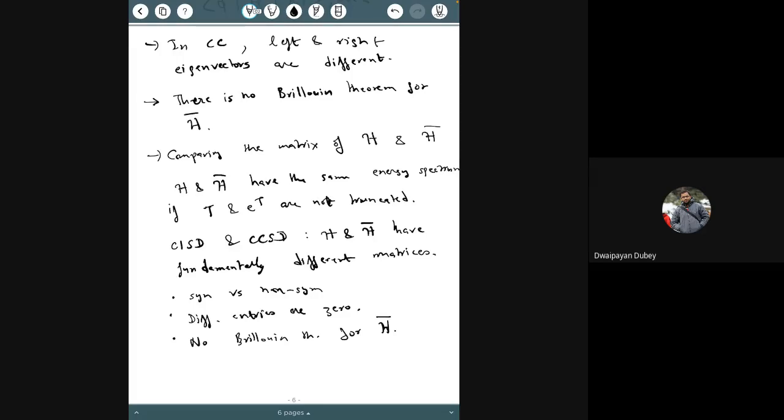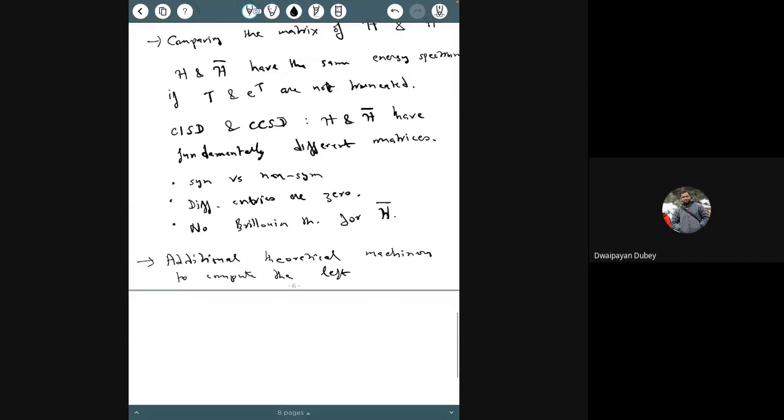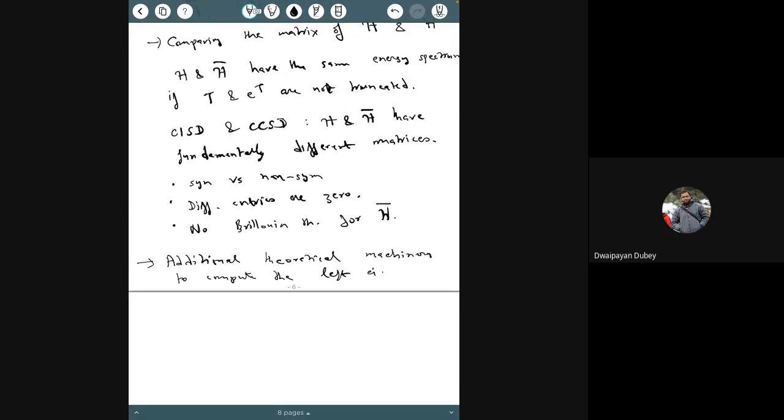Fine. And at this point, I can also mention that you need additional theoretical machinery to compute the left eigenvectors of each part.